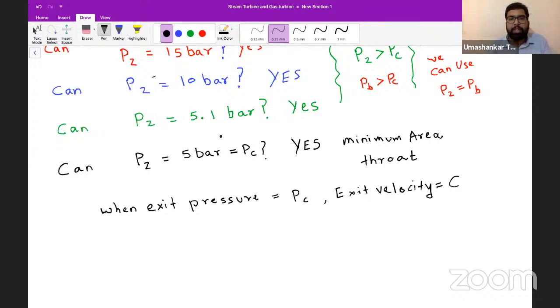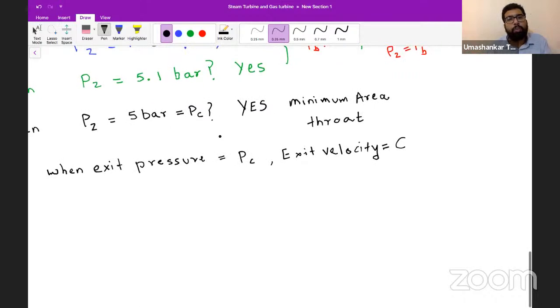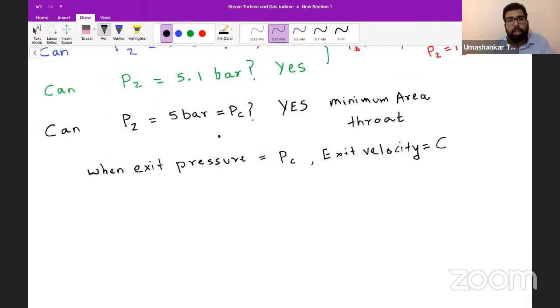And in the last session we have seen that we can achieve this point in a convergent nozzle, and when this is achieved, the area at that point will be minimum, and that is what we call the throat.